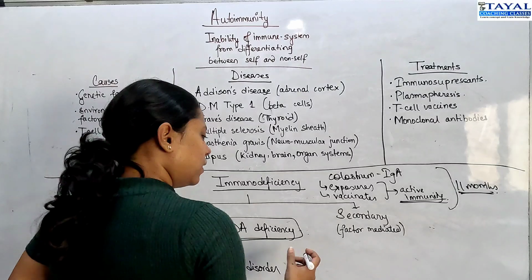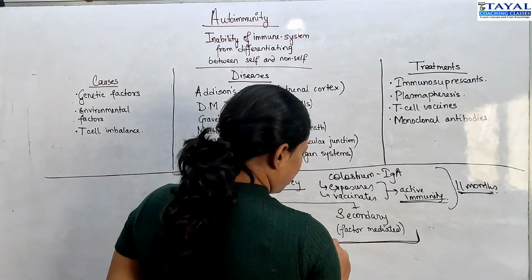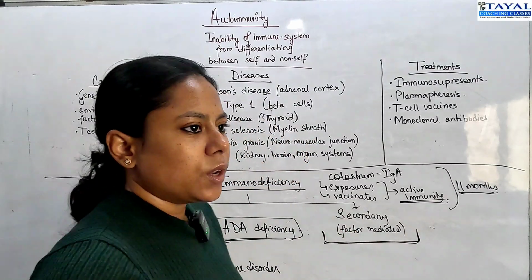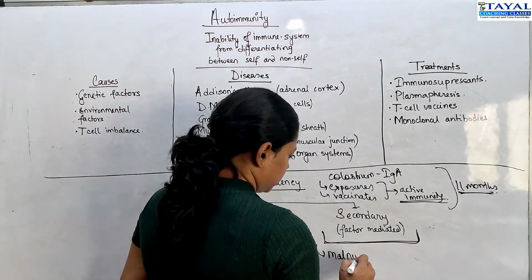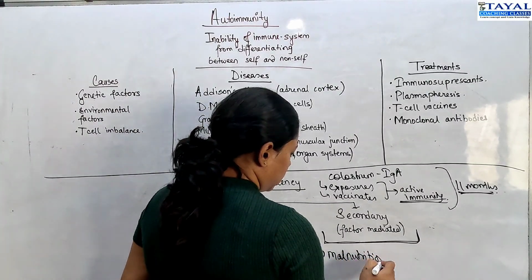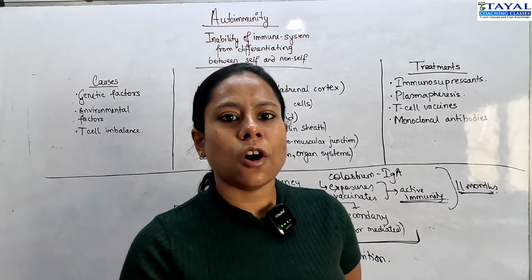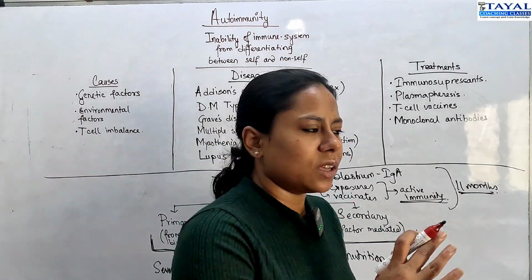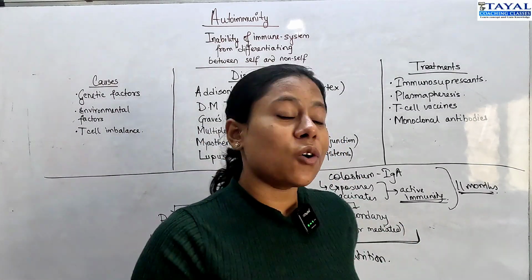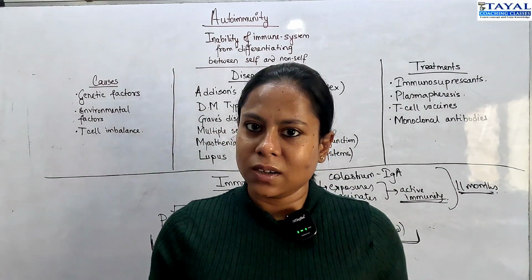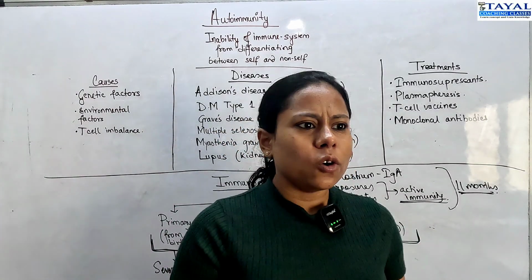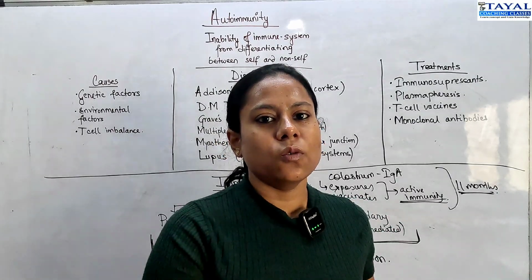Now, coming to the secondary kind of immune deficiency, this is a factor mediated immune deficiency. So it can be due to malnutrition. For example, a person who does not have a very balanced diet, not enough minerals, vitamins, because for the generation of all of these immune cells, there is a requirement of these vitamins and minerals, right? Like we have just come across the COVID zone, right?